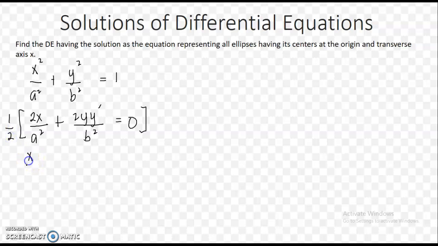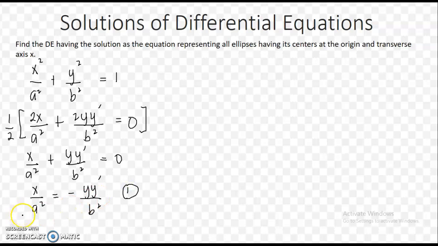We have x over a squared plus y y prime over b squared equal to 0. Or x over a squared equal to negative y y prime over b squared. Let this one be your equation 1.